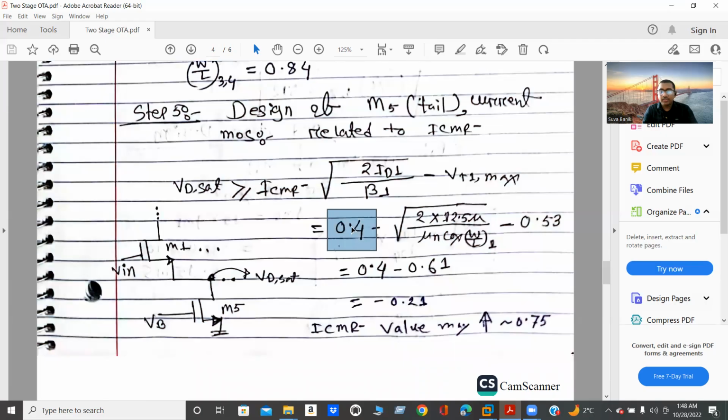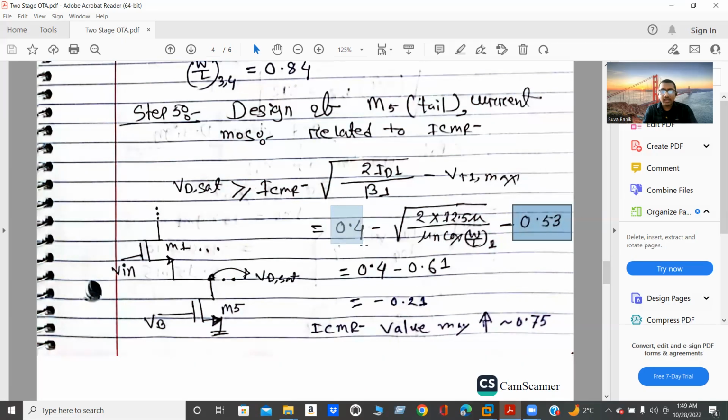This value should be increased, or else this VT1 max value should be reduced, because my Vov1 and twice ID1, these are already fixed. My ID1 is 12.5 microampere, and my mu n Cox and my W by L ratio are also fixed. So I can play with this VT1 max.